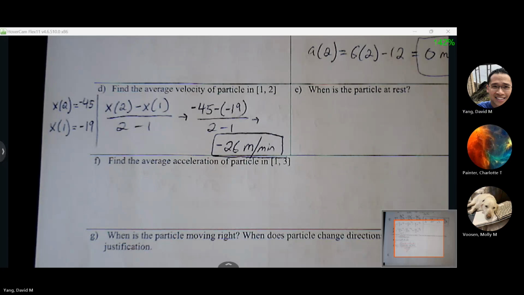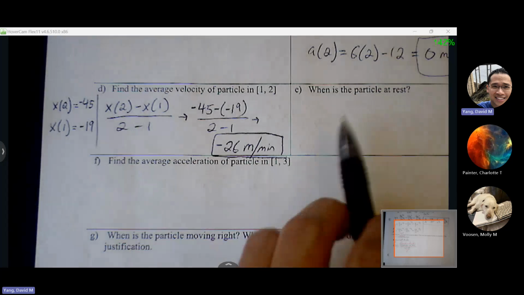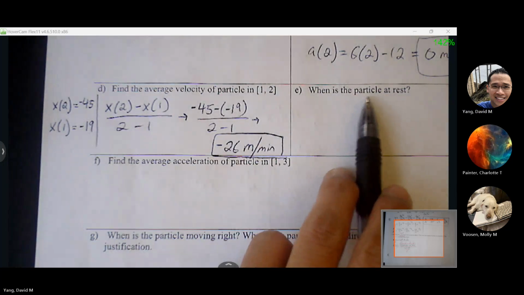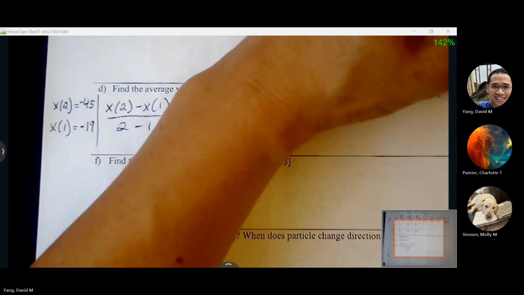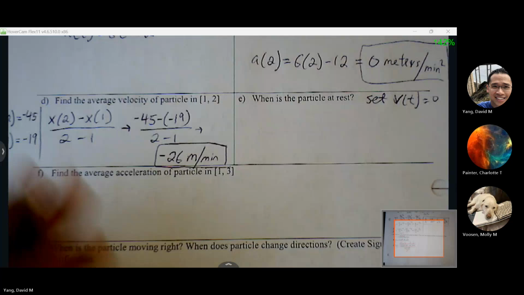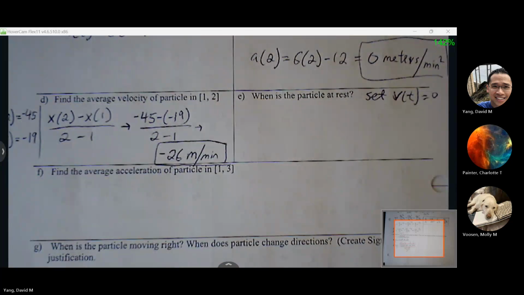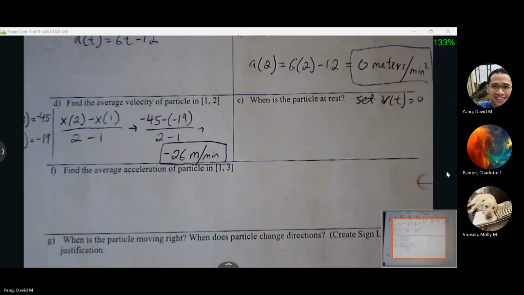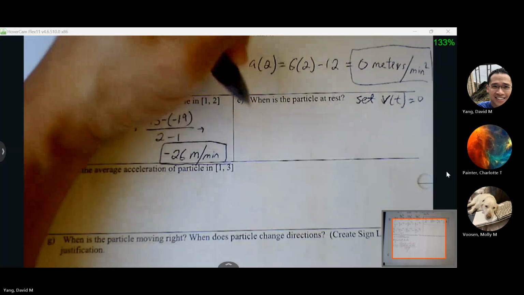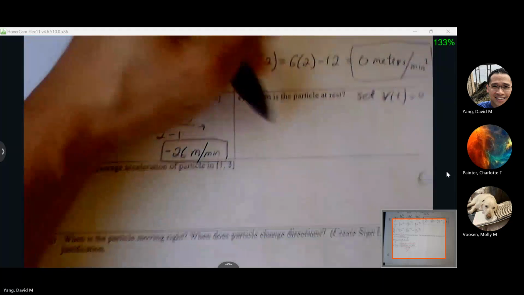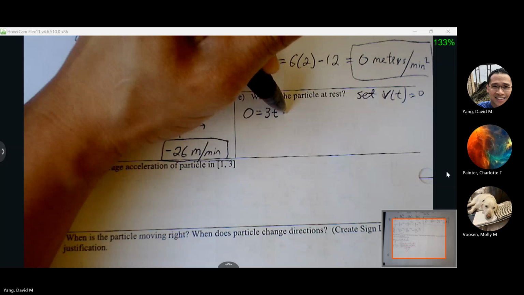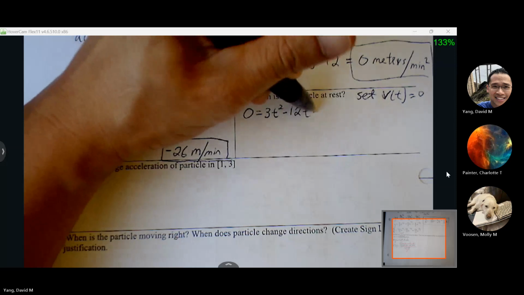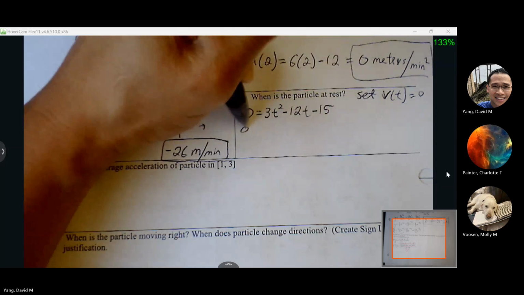Okay. Part E, when is the particle at rest? What's our strategy here? Set, yeah, good. Set velocity equals 0. Factor.